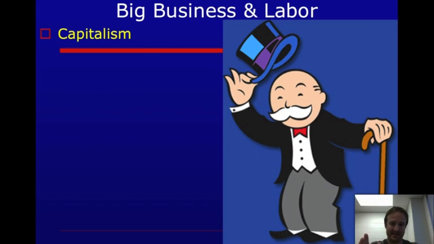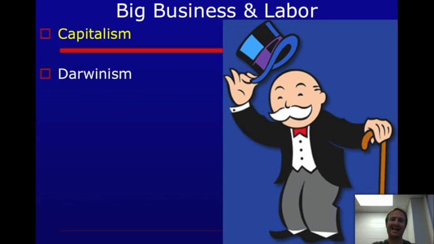But during the late 1800s, monopolies are considered good because of an idea that has to do with Darwinism. Now, you might be familiar with the term Darwinism from science. It's the idea of survival of the fittest, that if an animal can't adapt to the world it lives in, then it will become extinct or it will die off.